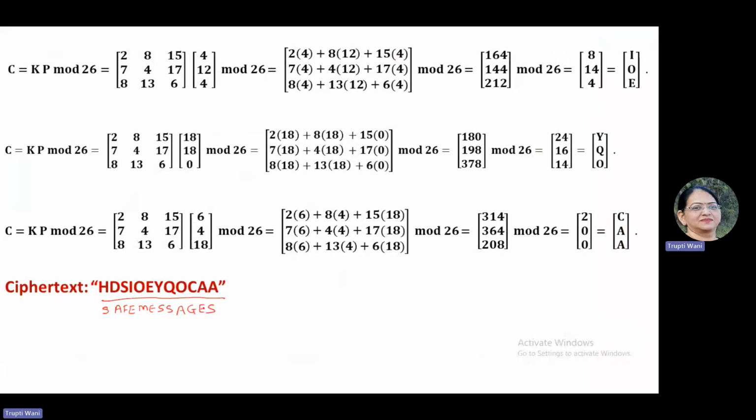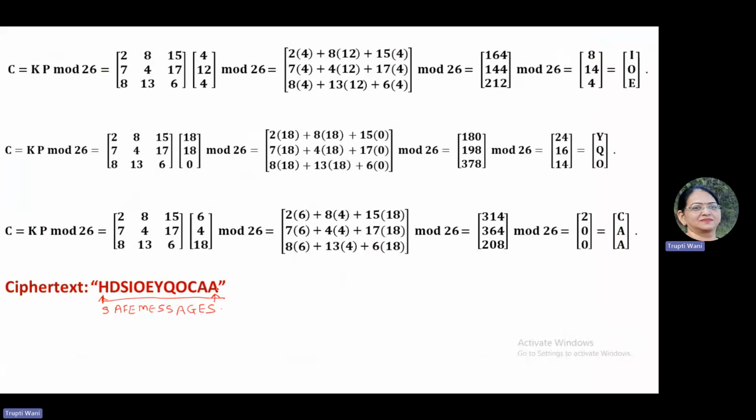Here you can see our message was SAFEMESSAGES. Now S is converted as H here, and S is converted as A here. So the occurrence of S many times is converted each time into different letters.